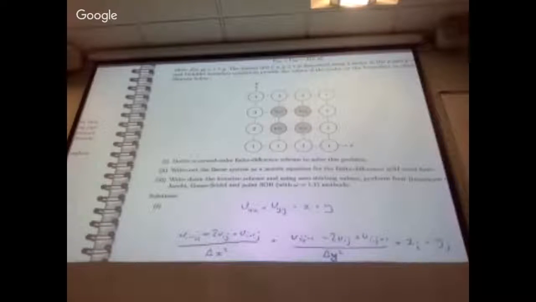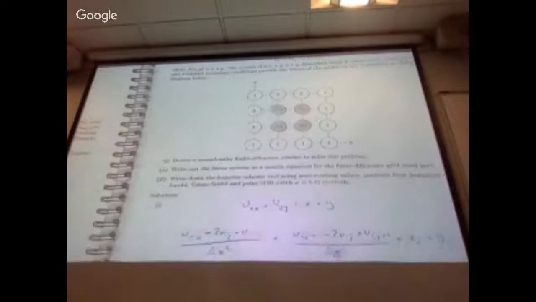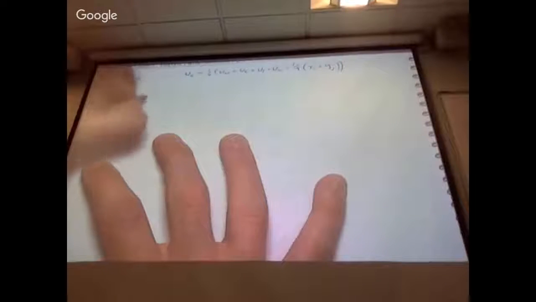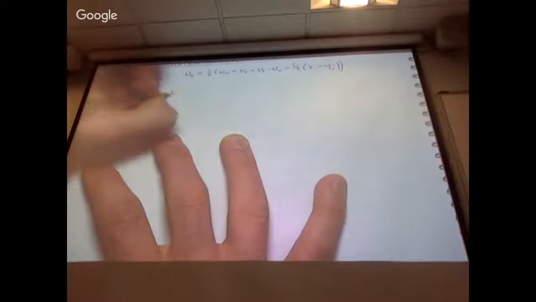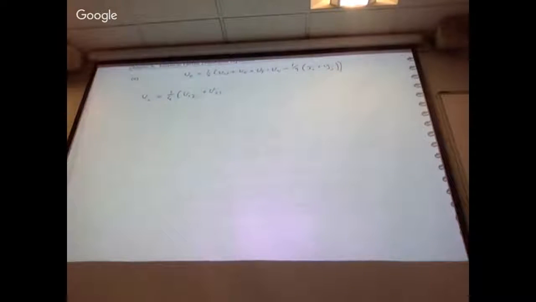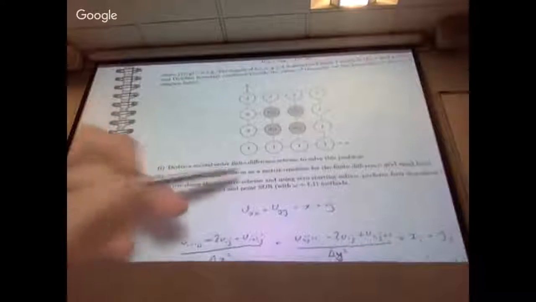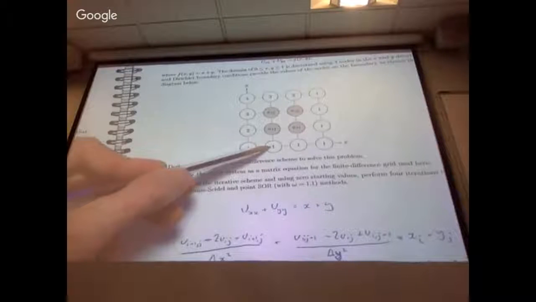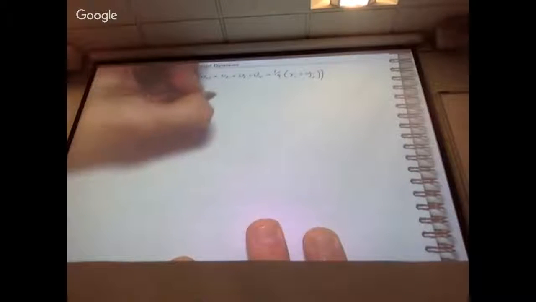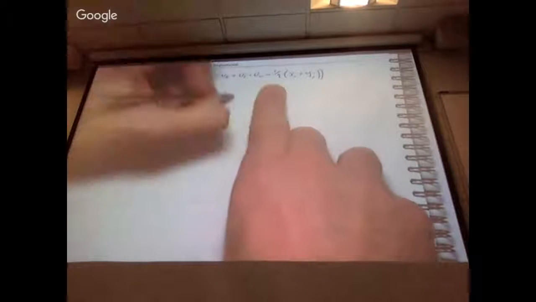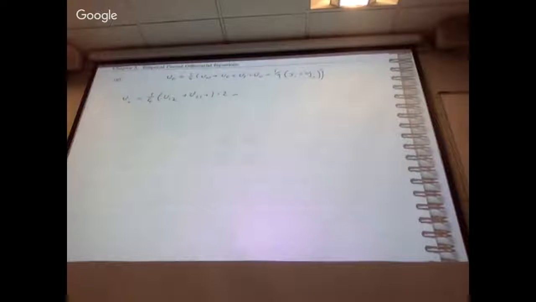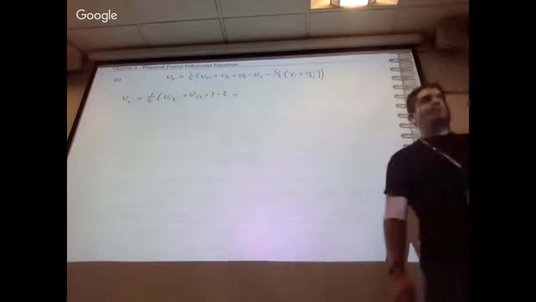So for node U11, it's going to be 1/4 times the node above, which is U12, plus the node to the right, which is U21, plus, and we've got 1 plus 2 here, node to the bottom, node to the left. And then that's minus 1/9 times the x-coordinate plus the y-coordinate.